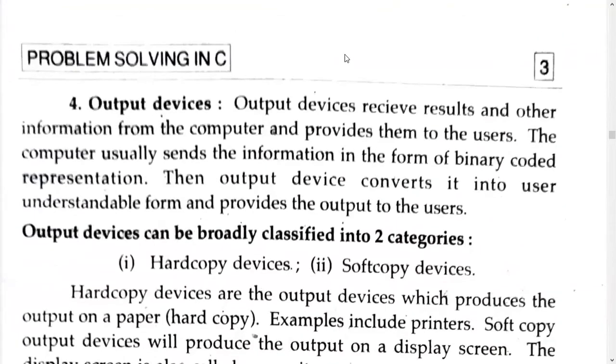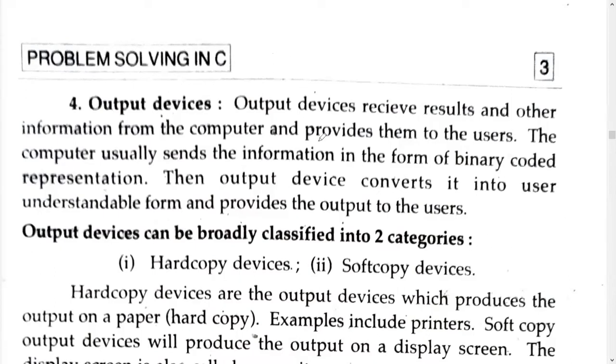The next one is output devices. Output devices generally give the result and other information from the computer and provide them to the users. The computer usually sends the information in the form of binary coded representation. Output devices convert these binary codes into a form you can understand.